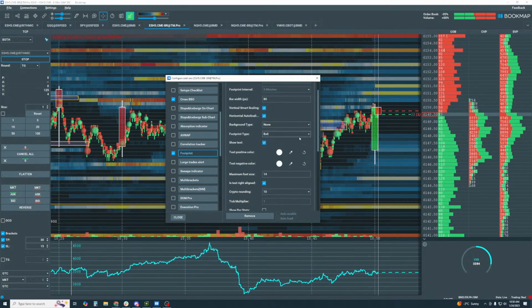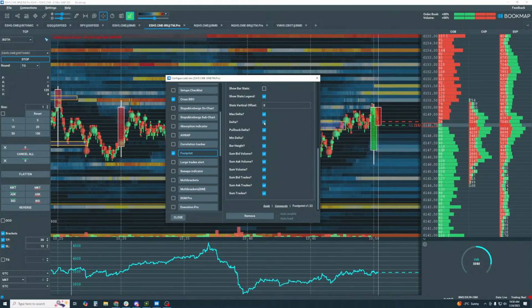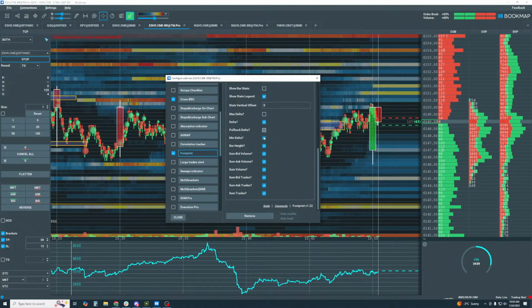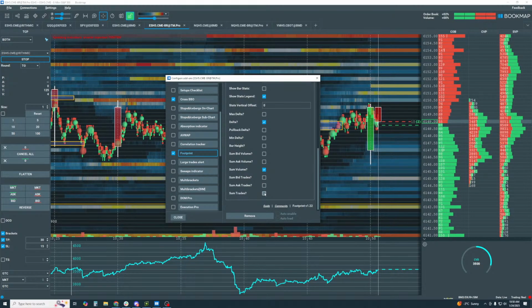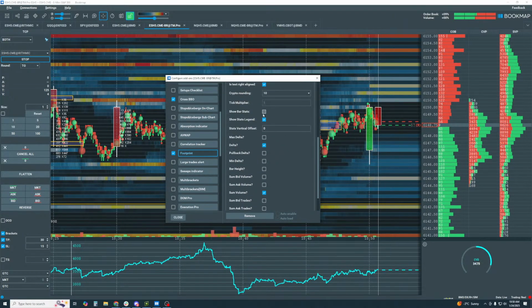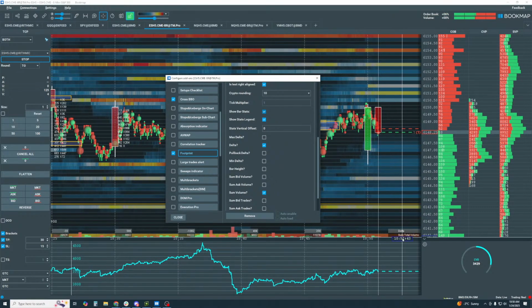In fact, I'm going to look at none in here, but we're going to keep delta on and total sum. So we've got delta and total volume, right?